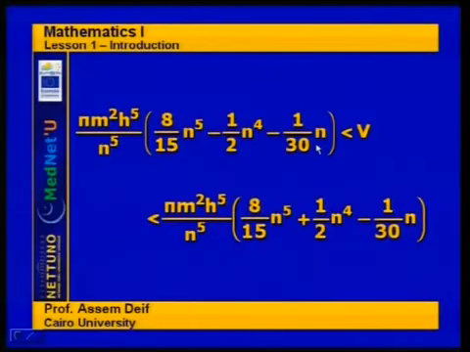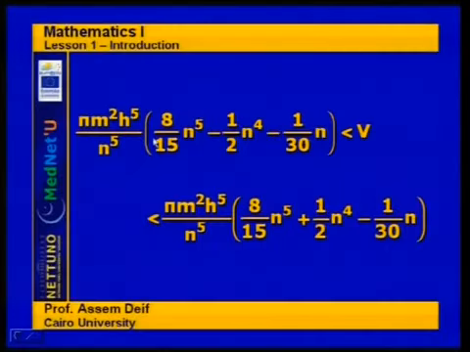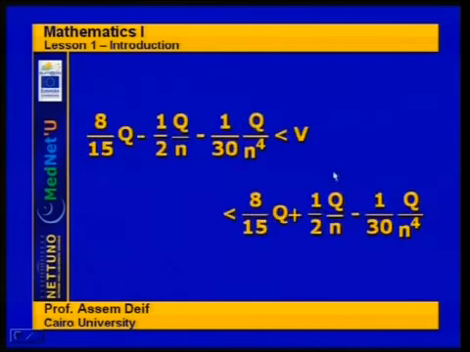The problem that was posed was not only to obtain the volume, but to prove that this volume is equal to 8/15 of the volume of the cylinder that inscribes the volume of revolution. We know that the volume of the cylinder is equal to m squared h to the power 4, and if you substitute this by q, the volume of the cylinder, you end up with this bound here.